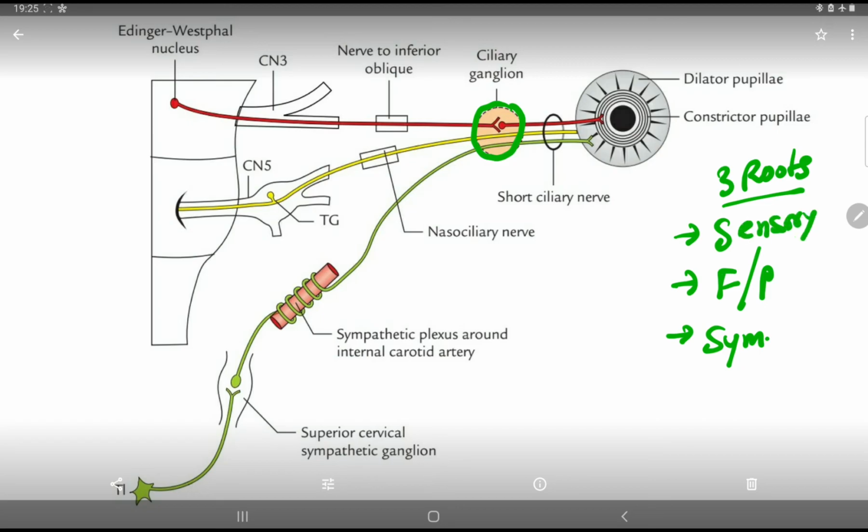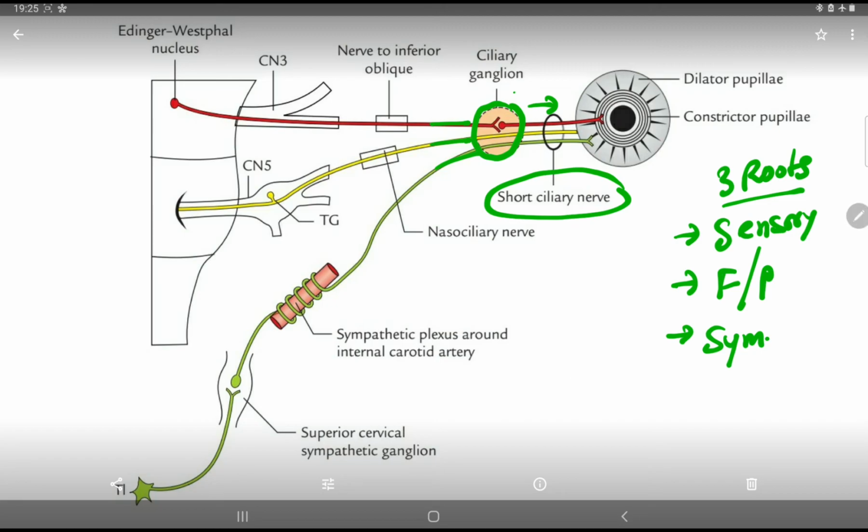Are you appreciating the three roots here? 1, 2, 3. And the outputs from the ciliary ganglion collectively form the short ciliary nerves.